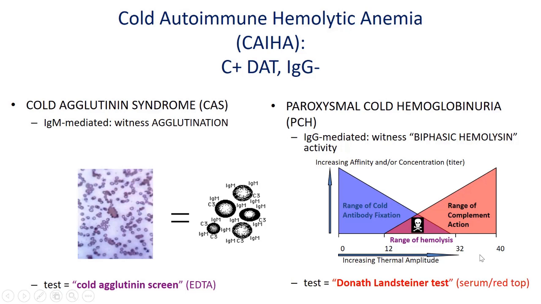The test done to establish the existence of this phenomenon is the Donath-Landsteiner test, and that's a red top tube specimen, also submitted under warm conditions so that we can set up our systems with total control. One system, after being obtained warm, stays warm. Another system is allowed to cool and stays there. And a third system cycles through both cooling and then rewarming.